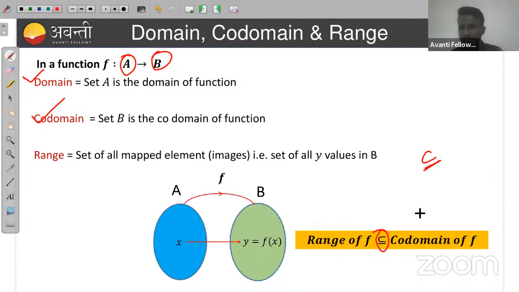This into and onto plays a very important role in the inverse function part, where the function is invertible. We'll see a lot on that in the upcoming classes. But for the time being, just remember that the range is a smaller set compared to the codomain set. Codomain is a bigger set.